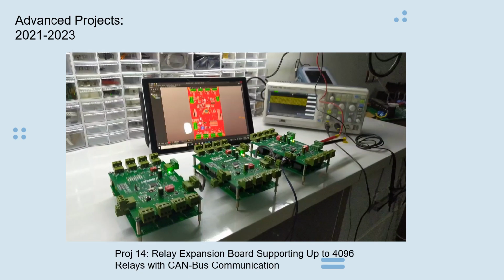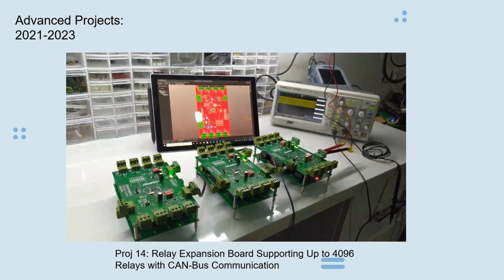This is the relay extension board supporting up to 496 relays with CAN bus communication. It's a kind of communication. Each one of these outputs goes to one device to control them with just three wires. We can extend it more than 1 or 2 kilometers to control them with a wire.